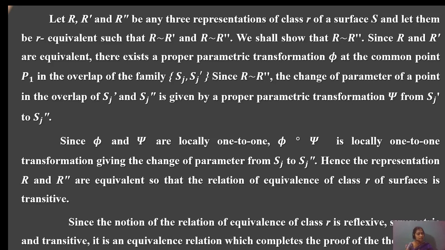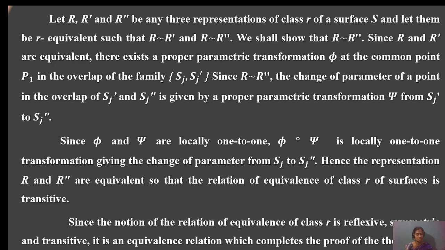Hence the representation of the surface is transitive. Since the relation is reflective, the class R is reflective. Hence, considering the notions of the relations, the equivalence of the class R is reflective, symmetric and transitive, which is an equivalence relation.